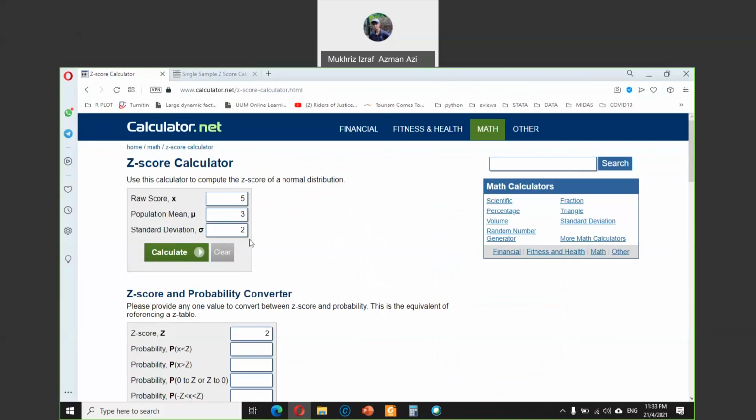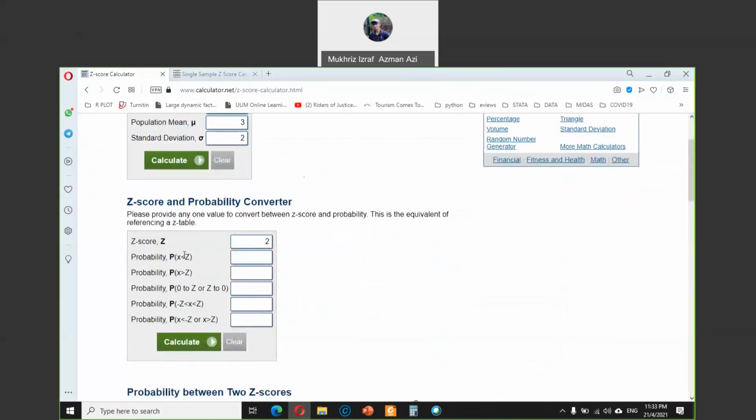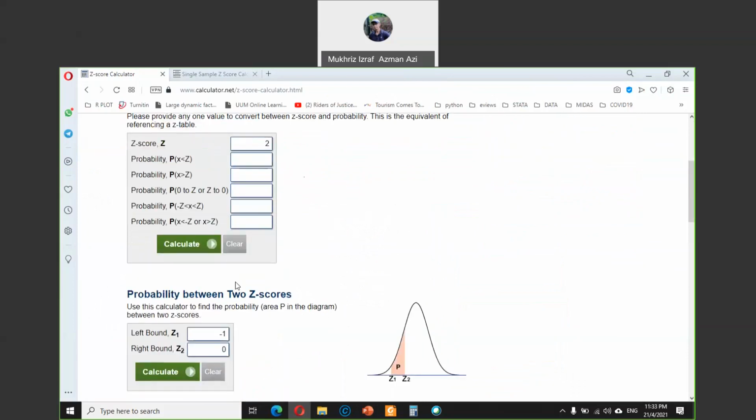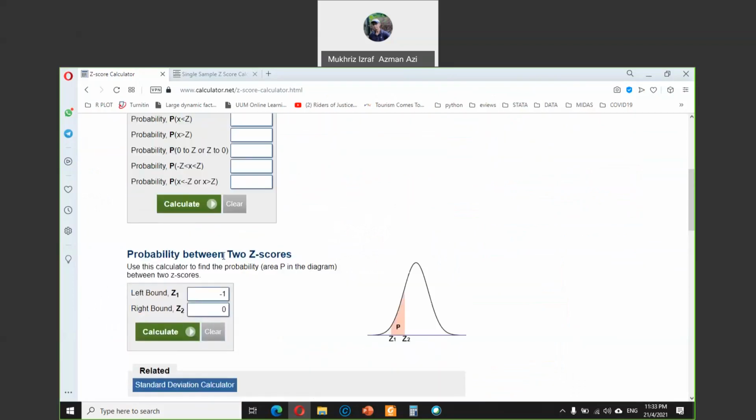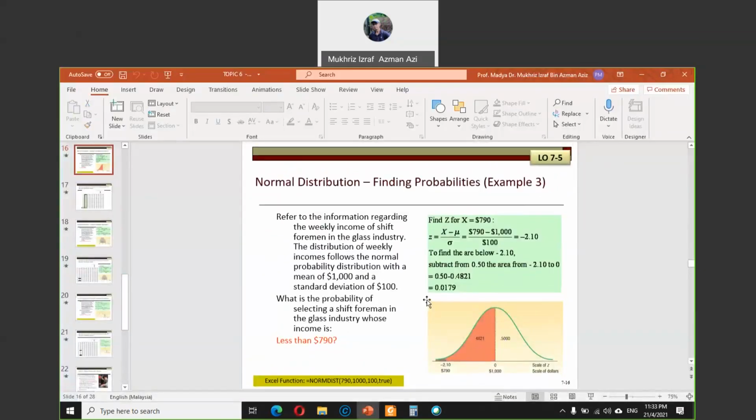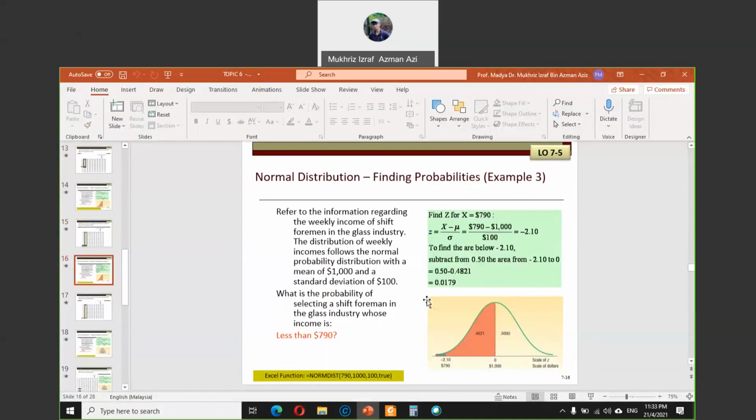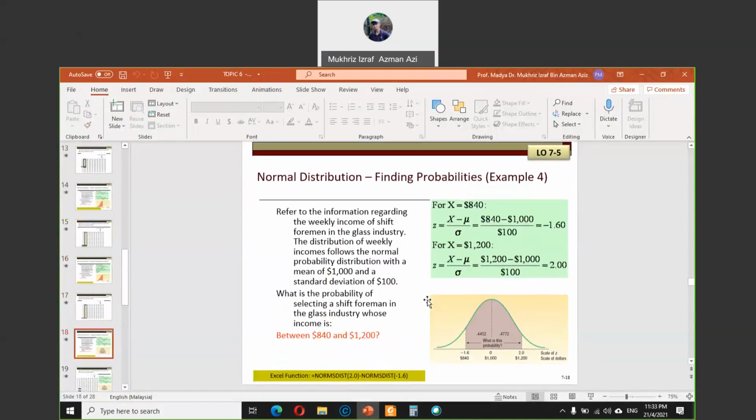Automatically, it will give you all the possible solutions: if the value of X is less than Z, more than Z, between 0 and Z, or between one positive and one negative. Also, you can calculate between two Z values, which is similar to the example just now, whereby you have one negative and one positive, or both positive.